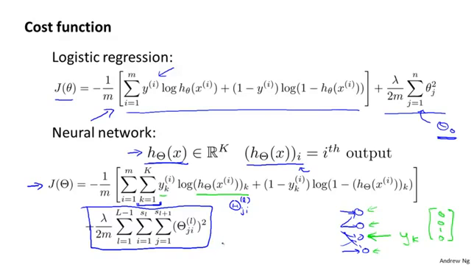Concretely, we don't sum over the terms corresponding to where i is equal to 0. That is because when we're computing the activation of the neuron, we have terms like these, theta_i0 plus theta_i1 x1 plus and so on, where this is the first hidden layer.